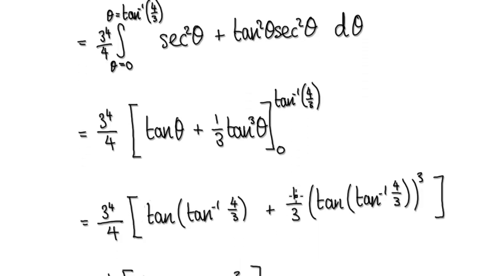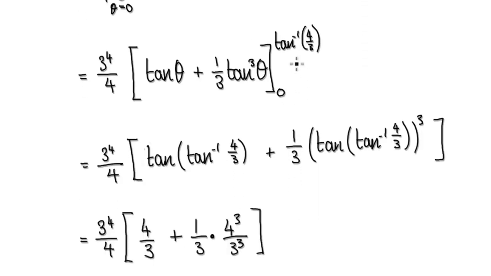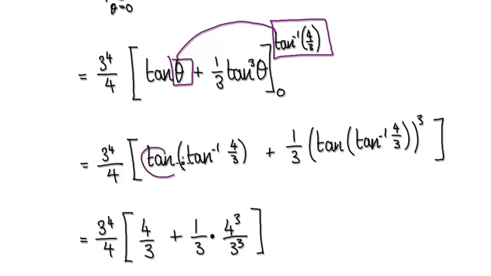And then when you put this whole thing into the angle, it will give you tan. And then when you put this into here, it's this thing here. So you can see that when you tan and inverse tan, it's just going to leave you with 4 over 3. And the same goes over here.